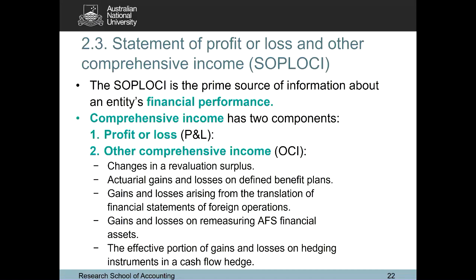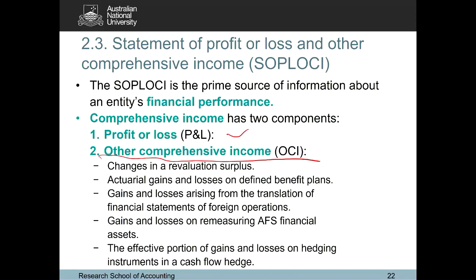Let's see, for the statement of profit or loss and other comprehensive income. You have learned this statement, right? The comprehensive income has two components. One is called profit and loss. The other one is called OCI, other comprehensive income.